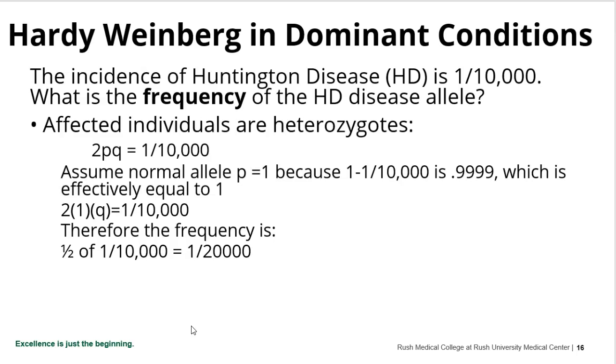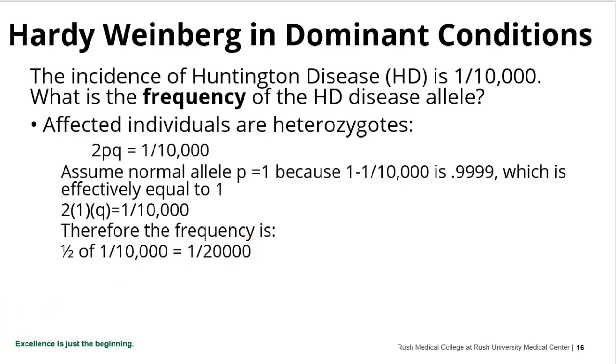Well, if affected individuals are 2pq, which is 1 in 10,000, then if we assume that p is 1, because 1 in 10,000 is 0.9999, so 2 times 1 times q equals 1 in 10,000, because we told you 2pq is 1 in 10,000. So what is q? It's half of 1 in 10,000, which is 1 in 20,000.